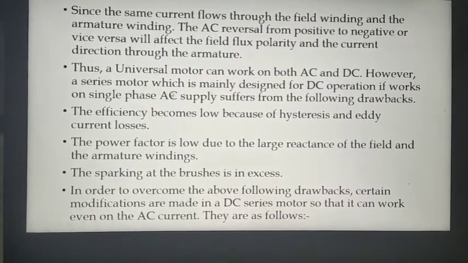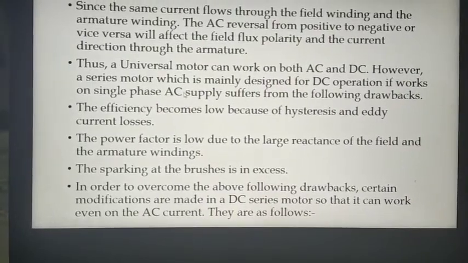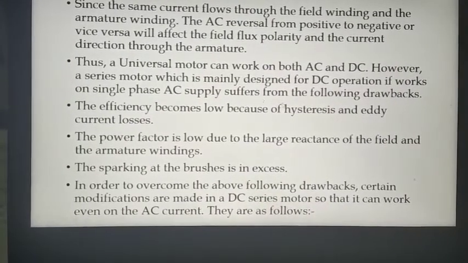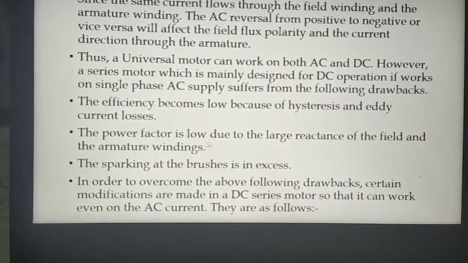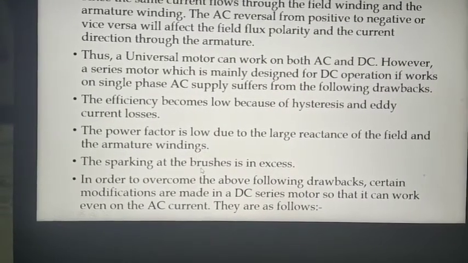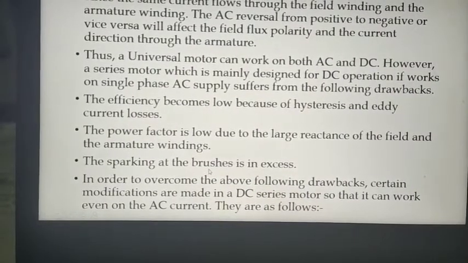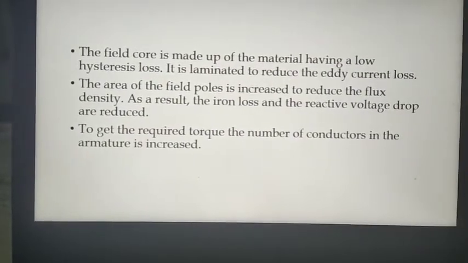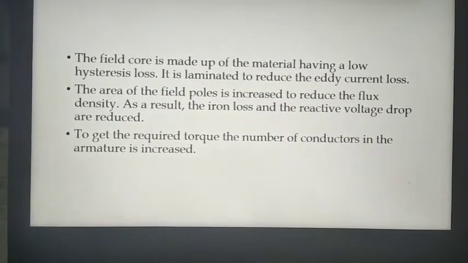However, a series motor which is mainly designed for DC operation, when worked on a single phase AC supply, suffers from the following drawbacks: the efficiency becomes low, the power factor becomes low, and there is sparking at the brushes. In order to overcome these drawbacks, we go for universal motors. The field core is made of material having a low hysteresis loop.